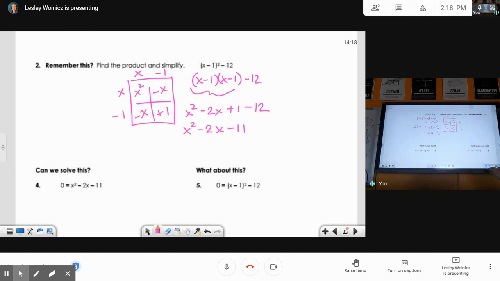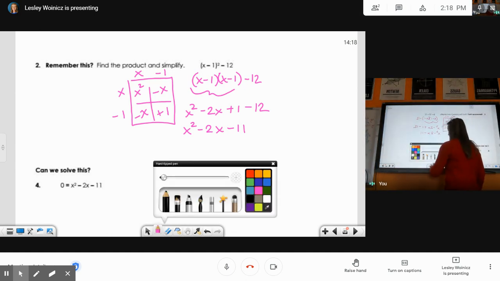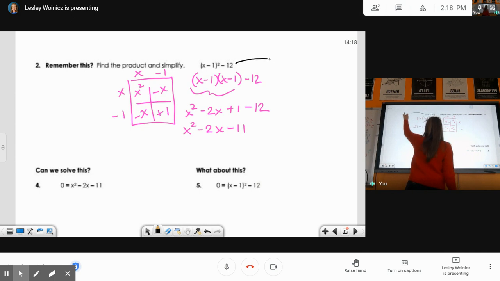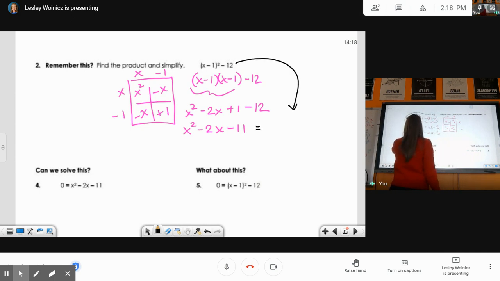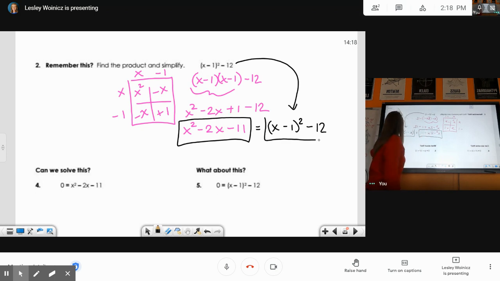And where that came from is x minus 1 squared minus 12. So that pink thing is equal to what we started with, x minus 1 squared minus 12. These two are the same.